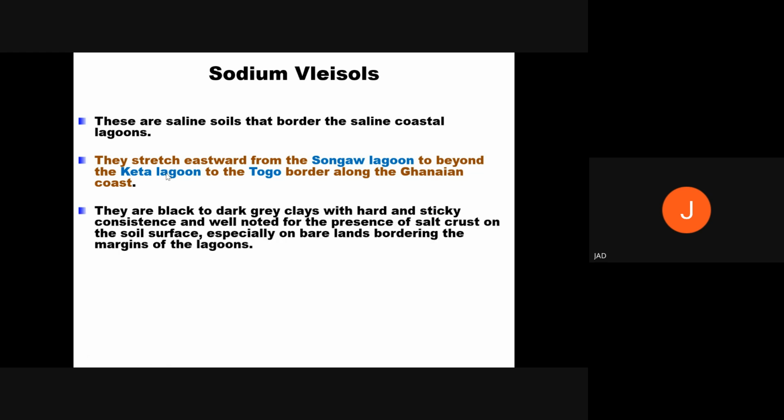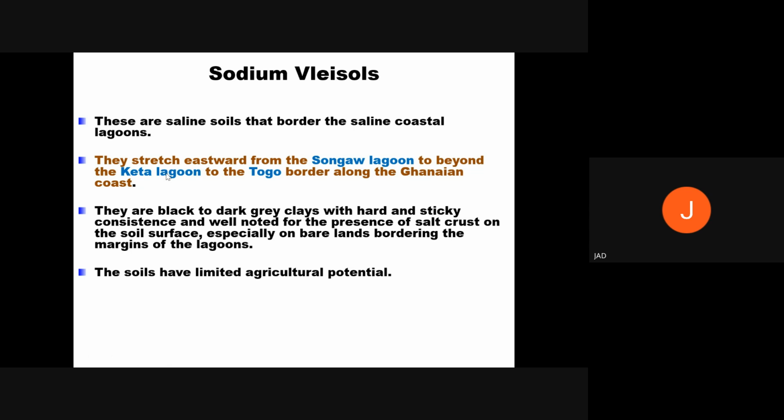They are black to dark clay with hard, sticky consistency, and well noted for the presence of salt crusts on the soil surface, especially on the bare land bordering the margins of the lagoon. But with the help of indigenous knowledge, let me put it that way, they are able to use it to produce shallots.